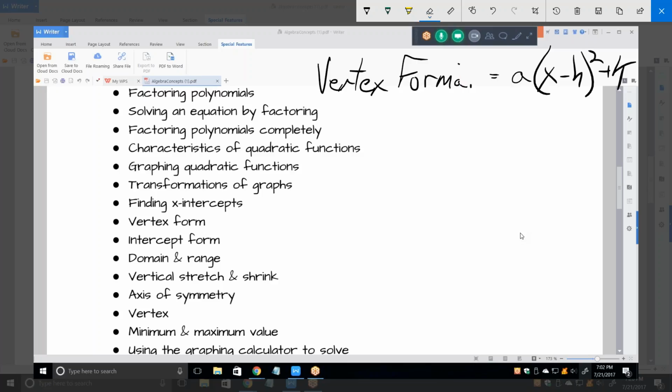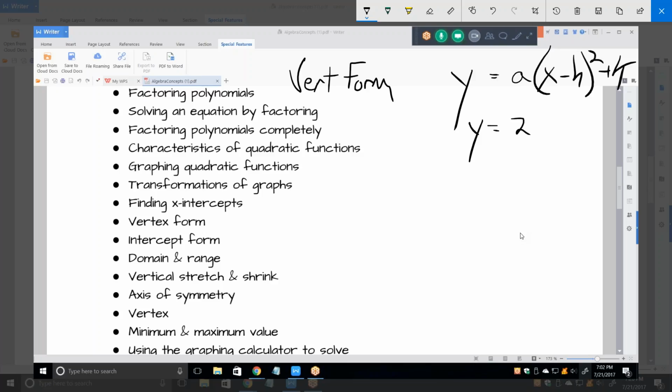Let me do this. It's always y equals, but that's vertex format. Now, what does vertex format mean? And let me give you an example. y equals 2 times (x minus 3) squared plus 4.